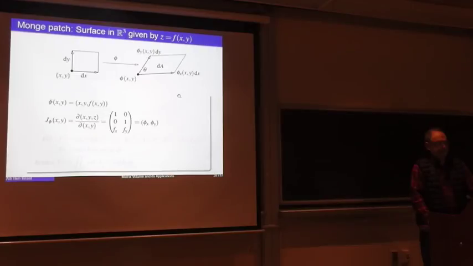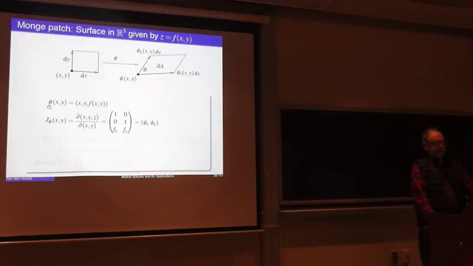Next, I will imitate this using something known as the Monge patch, or the Monge parametrization. So I take a surface in R3 and represent it with the Cartesian coordinates as x, y, and z, which is a function of x and y.